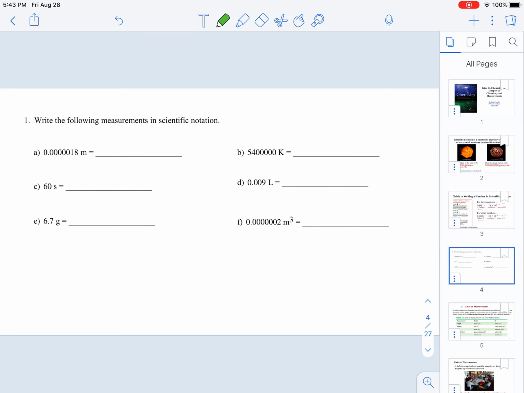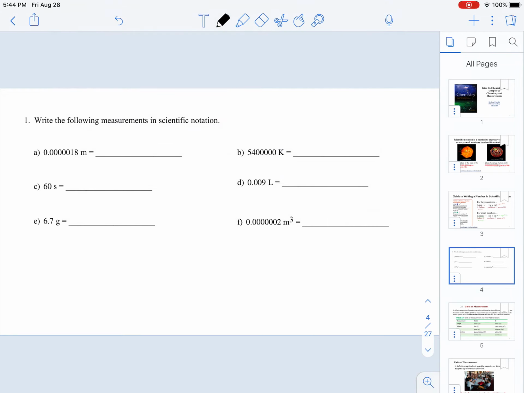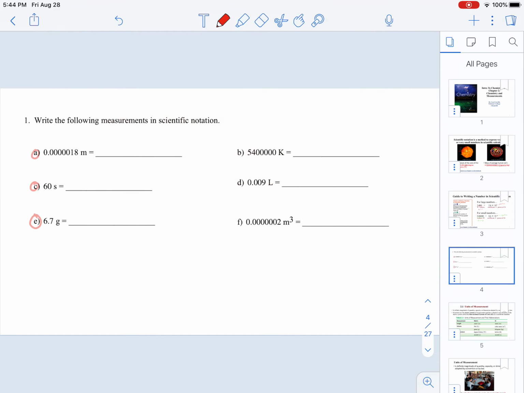So now here, these are problems from the worksheet that we have. I'm going to do for you guys just letters A, C, and E. When it comes to taking these measurements and putting them in scientific notation, we're going to follow the instructions that were given in the previous slide. For letter A, we are going to have a number that is very small.